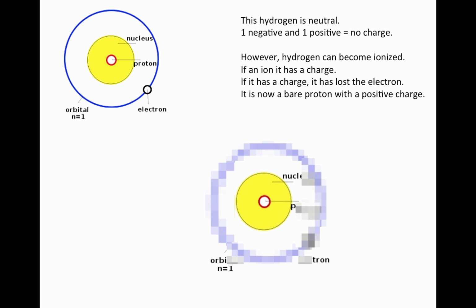Now I tried to erase that 1 electron and the shell because it no longer exists if it becomes ionized. And thus it is now a bare proton. That's all it is, a proton. It doesn't have any shells around it. That is an ion, hydrogen with a positive charge.